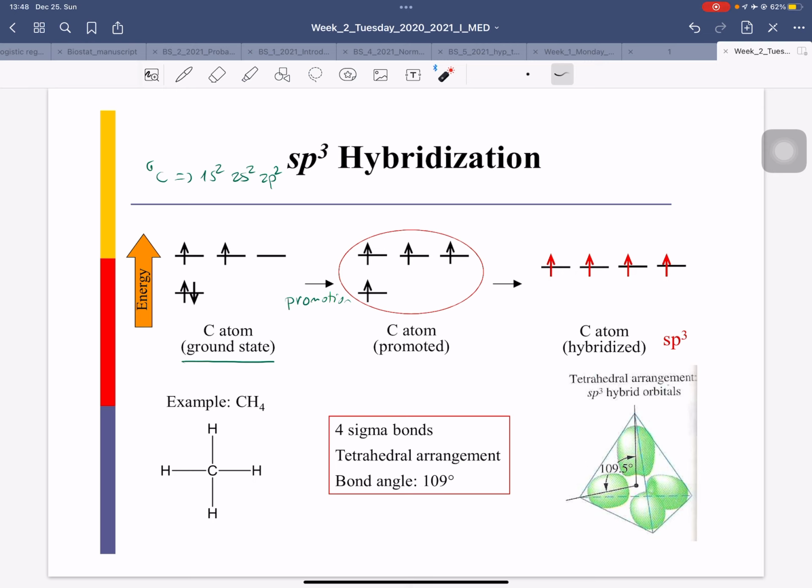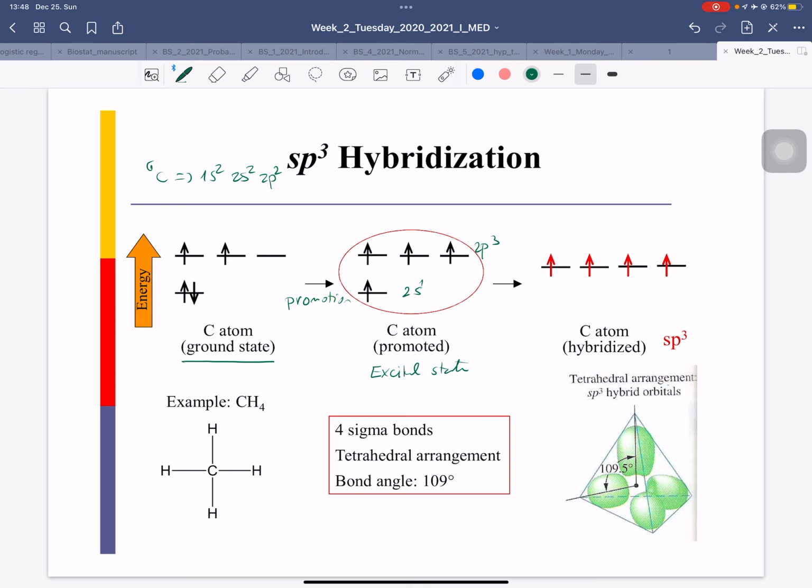In this case, we will have 2s1 and 2p3. Okay, 1 electron in the s and 3 electrons in the p. Okay, the process is the promotion or excitation. And in this case, it is an excited state.